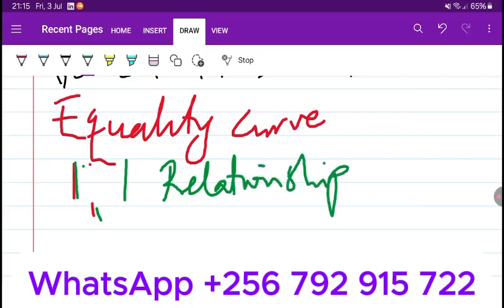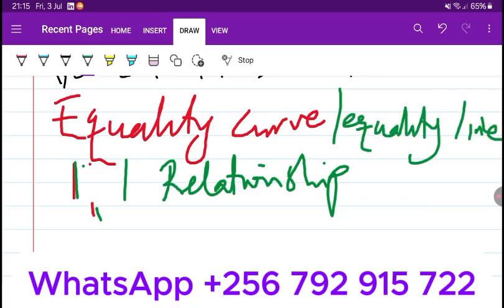Sometimes they call it the equality line. This equality line shows how even or uneven a situation is.